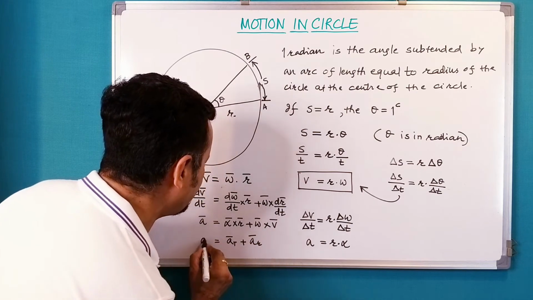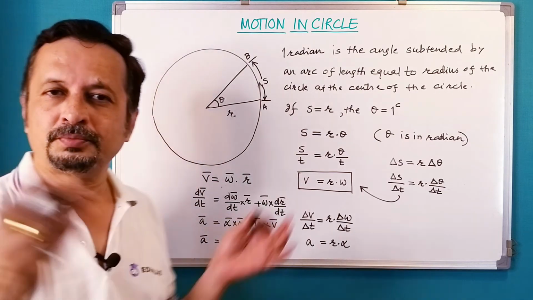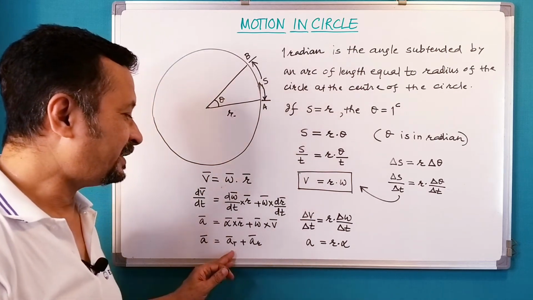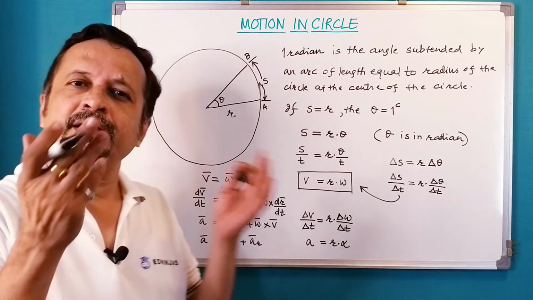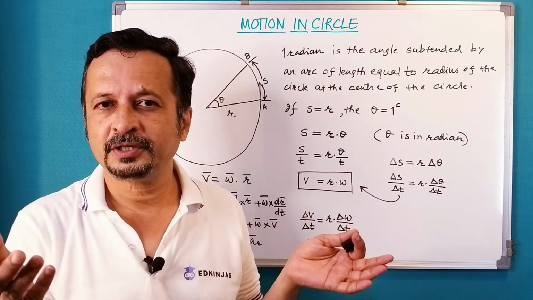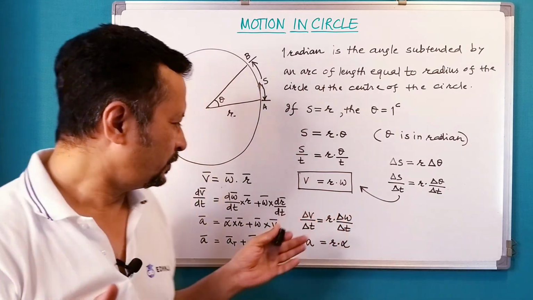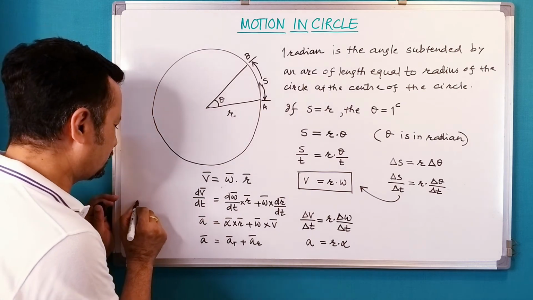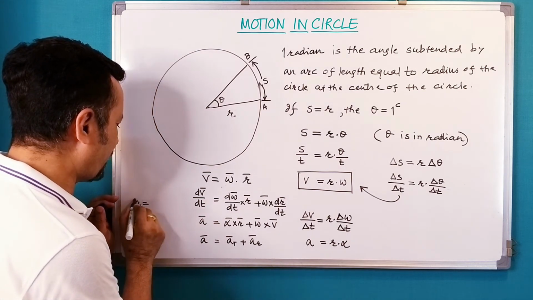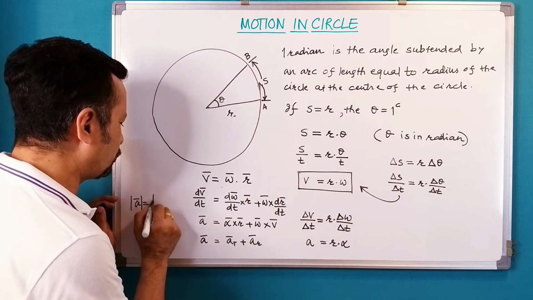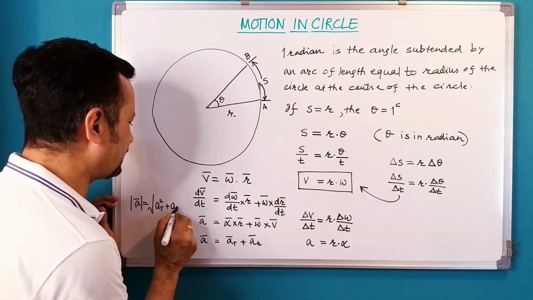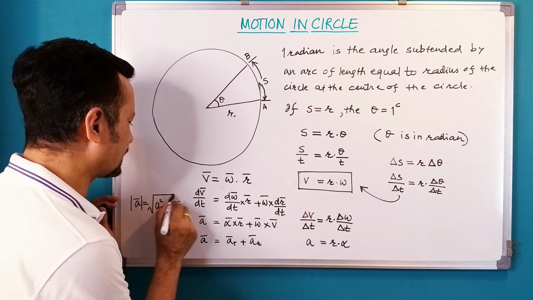And this is the net acceleration. So it is vector sum, right? Radial and tangential are perpendicular to each other, isn't it? So the magnitude of A bar would be equal to root over A tangential square plus A radial square.